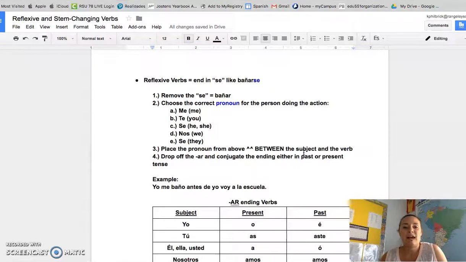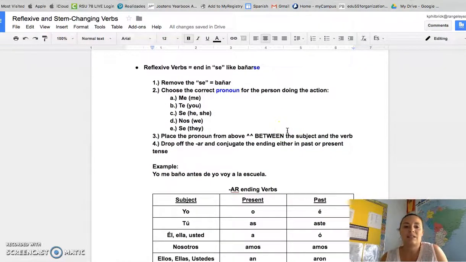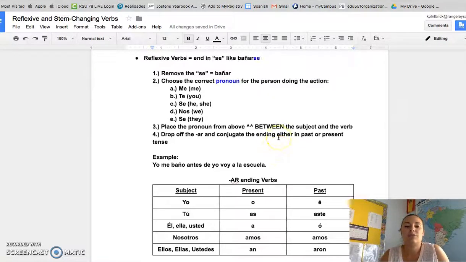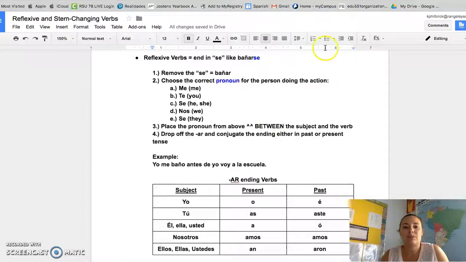And then based on that, I want you to refer back to the steps that I gave you. I'm trying to break it down for you, what order you would do things in. The first thing is to take the SE off. If you're using a reflexive verb, find the right pronoun, plug that in between the subject, which in each case for your homework, sorry, there's flies in here, you're talking about yourself.